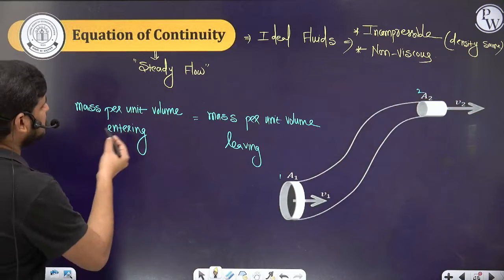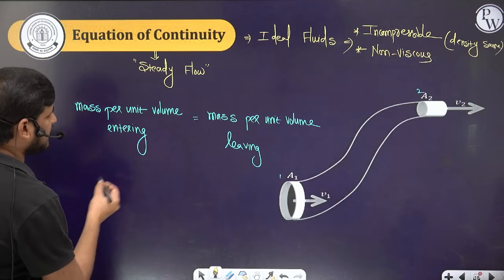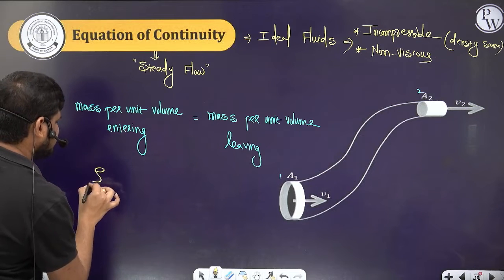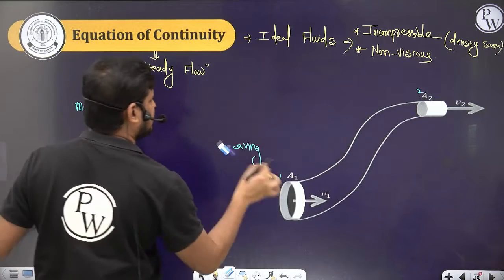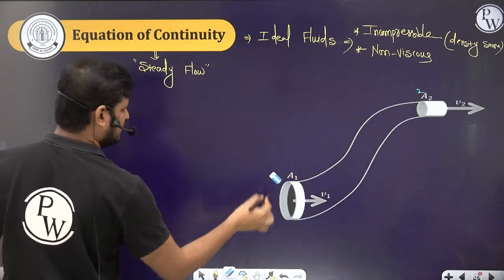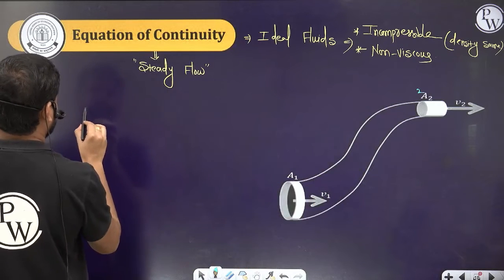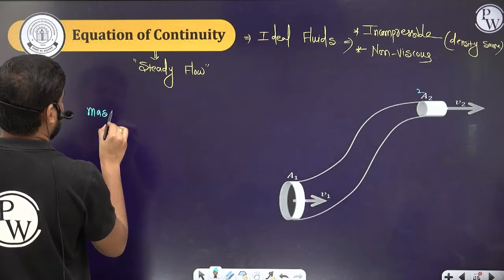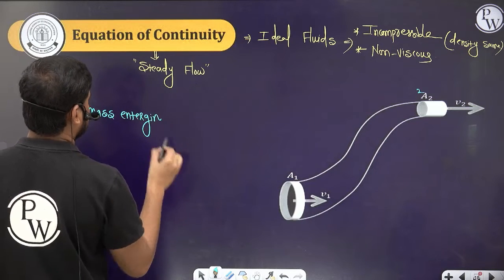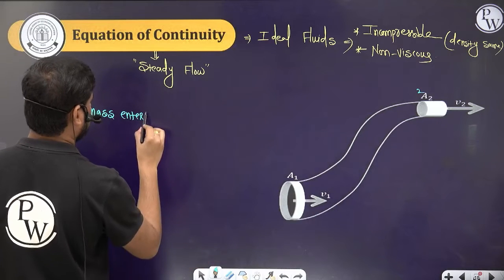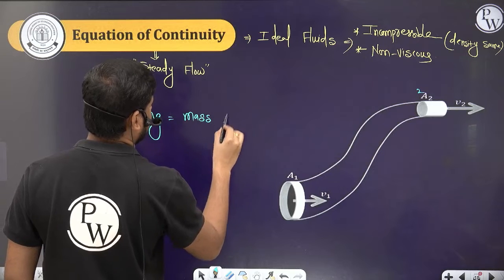Okay, so what is the mass per unit volume? The mass entering per unit volume is nothing but the density. Let's write only the mass entering, not per unit volume. The mass entering the given cross section is equal to the mass leaving the given cross section.